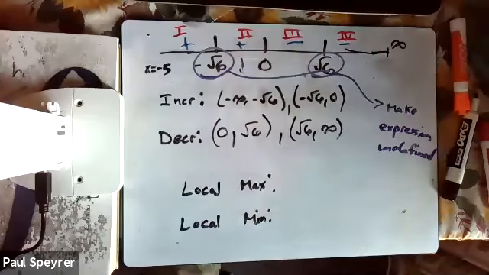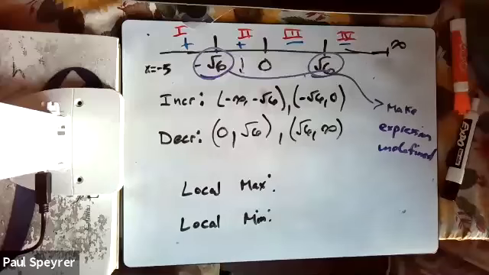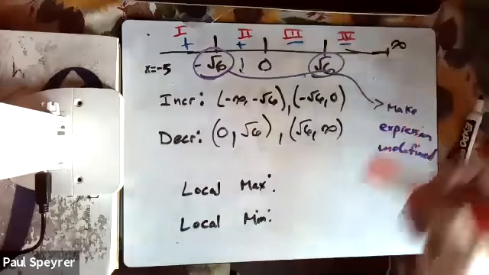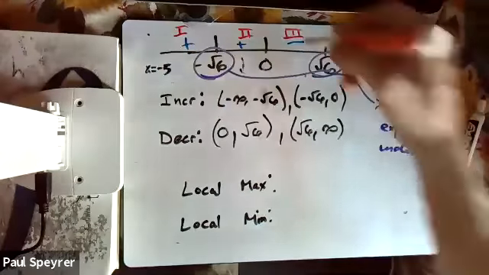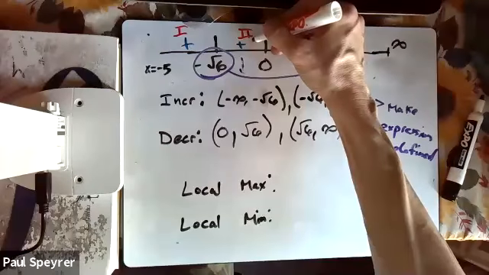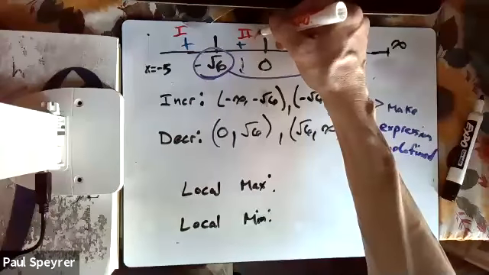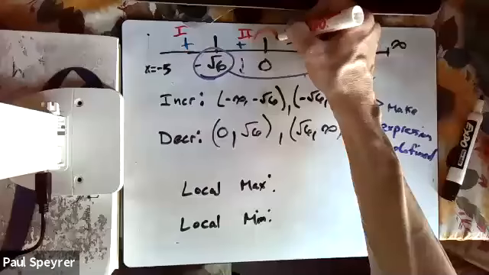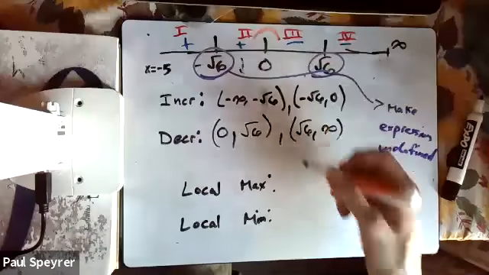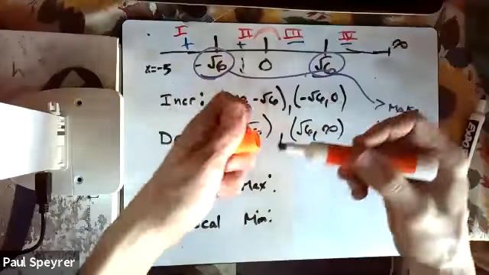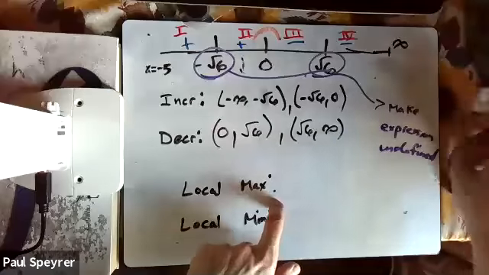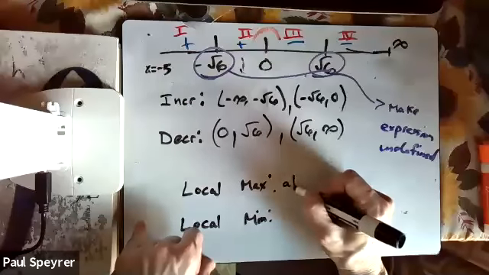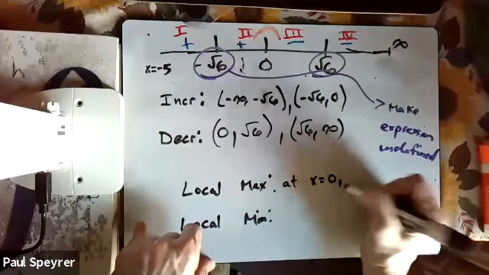Minus minus, nothing's happening there. Well, look at this point right here, right? Plus minus. What does that mean? Remember, it means, oh, as I approach 0 from the left, we're going up. And then once I cross zero, I go back down because my slope's negative. So if you have a hump that's opening down, you have a local max. So at x equals 0.